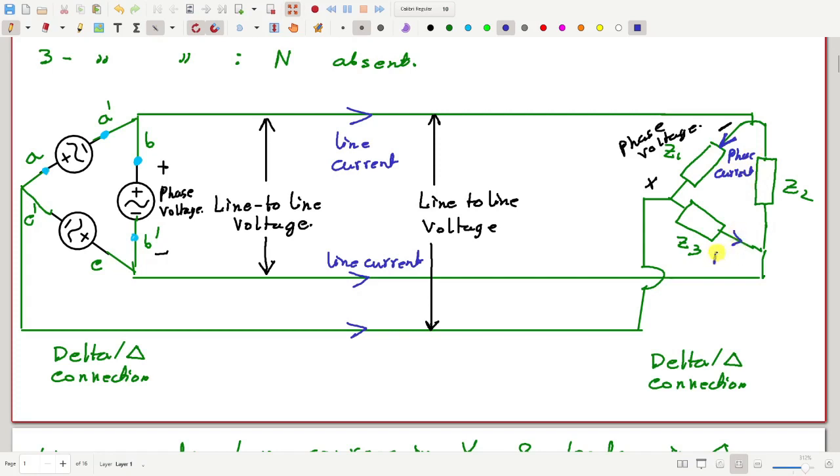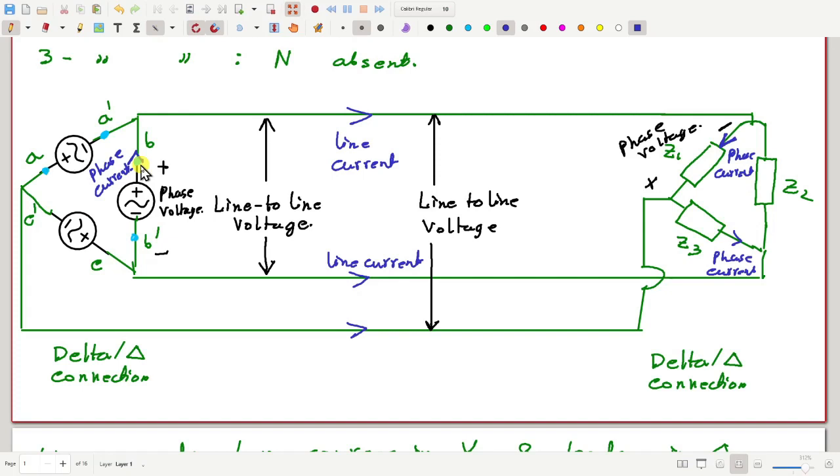This is also a phase current, and similarly here also you can call it a phase current. Are the line currents and phase currents the same? No, now they are not the same. So let us find out what is the relation between line current and phase current in this case.